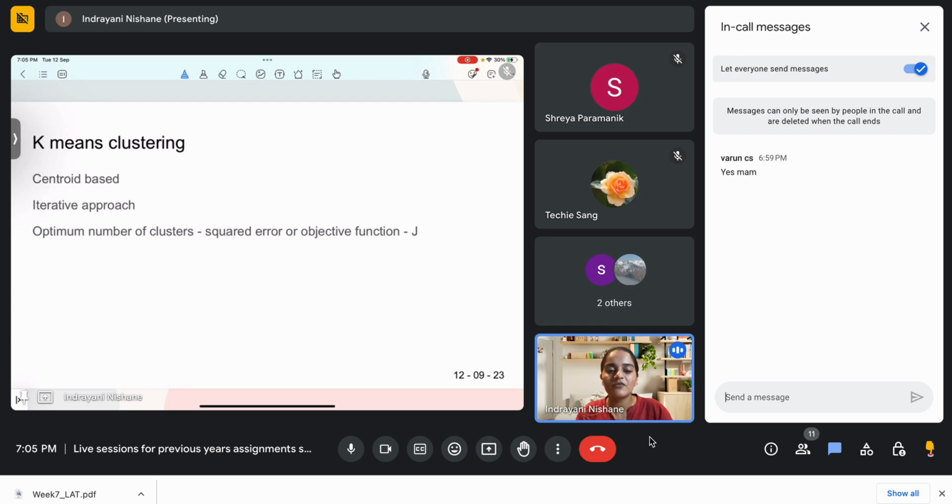Centroids will be randomly chosen for the first iteration, and then we calculate the distance of those centroids from each data point, and the closest data points will be clubbed in that particular cluster having that particular centroid. Then we will again recalculate the centroid by taking the average of all the data points which belong to that particular cluster.